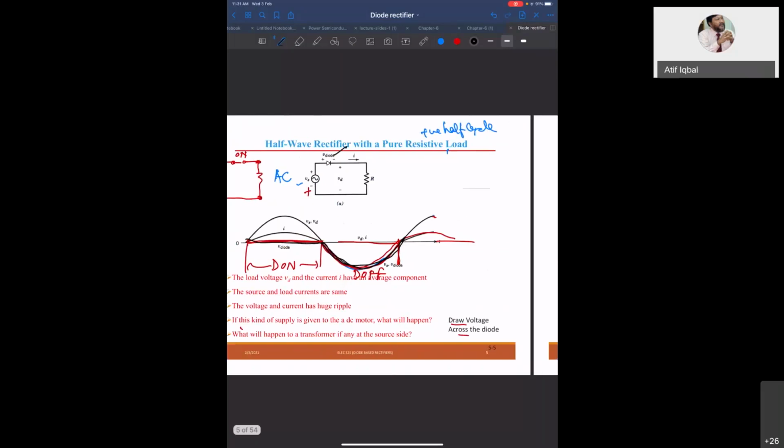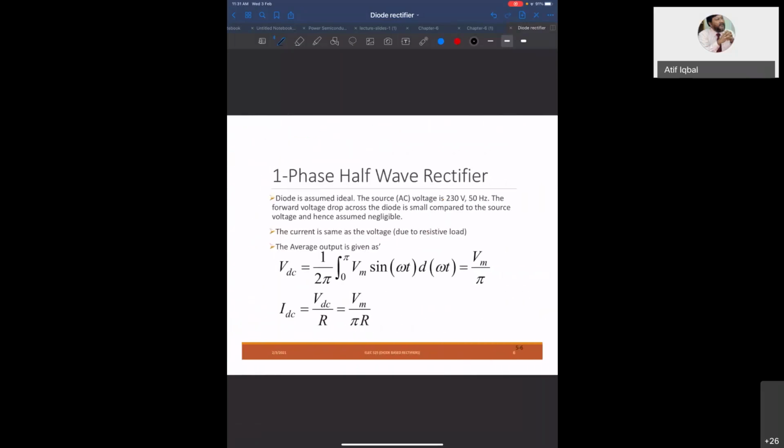Okay. Now, what is the value of the average DC voltage? Because this is my voltage, if I take the average, it will be 1 by 2 pi, integral from 0 to pi, because the total period is 2 pi, but you have the output voltage only from 0 to pi.